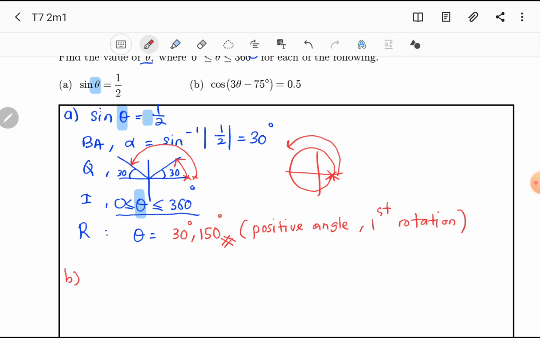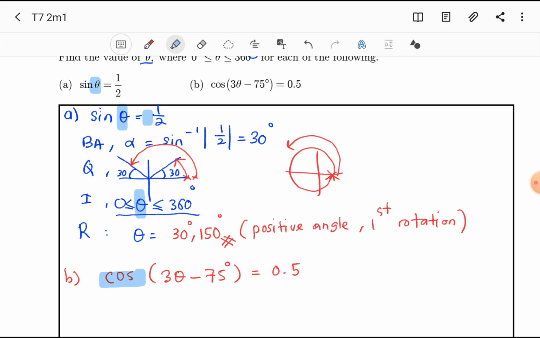Okay. So question part B. For part B, we have cos 3 theta minus 75 degrees equals to 0.5. Okay, ini pun under single ratio. Kenapa? Sebab kita ada satu je sebutan dia, which is cos only.